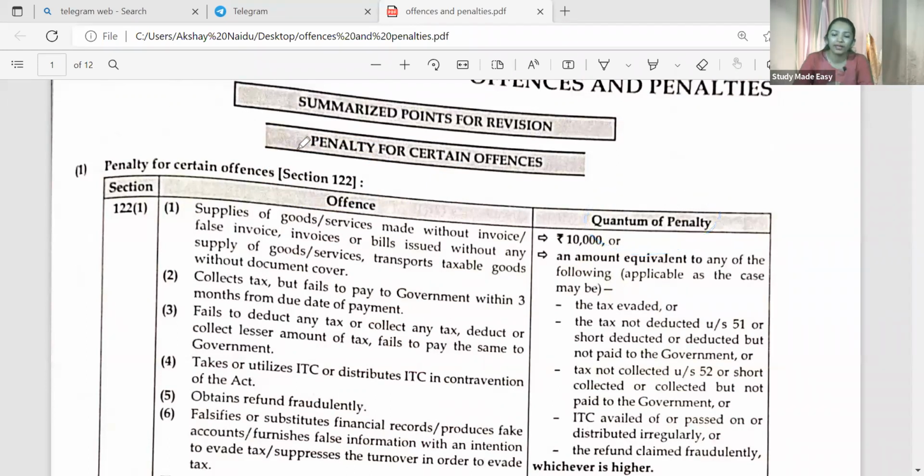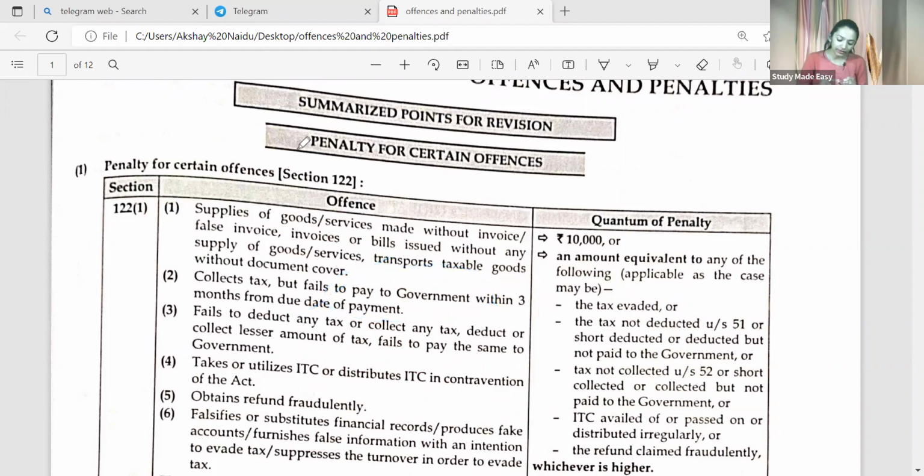Now, in many places there are offenses. What kind of offense? You do the supply, but that supply is without invoice, or there is invoice but there is no supply. There is supply but invoice is not there. You fail to collect the taxes from a person. You collect the taxes but fail to pay to the government within 3 months from the due date of payment.